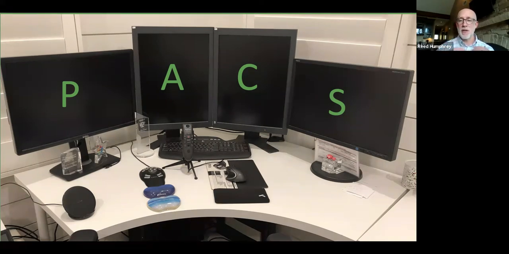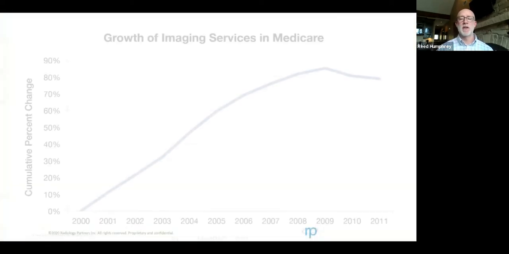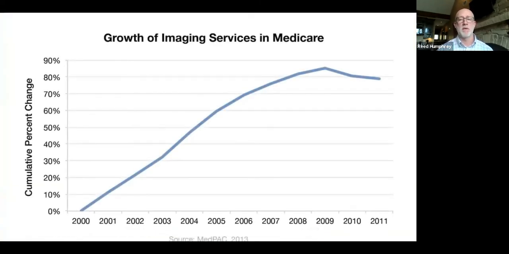But once we had the technology, there was a push to read faster, and there was less interaction with referring physicians. But it was a good thing that we were reading faster because imaging services really spiked and grew dramatically over that decade.